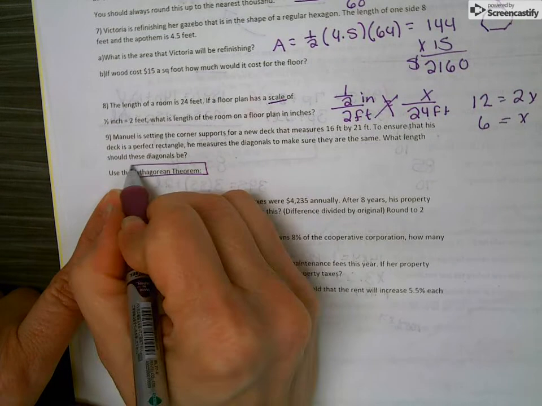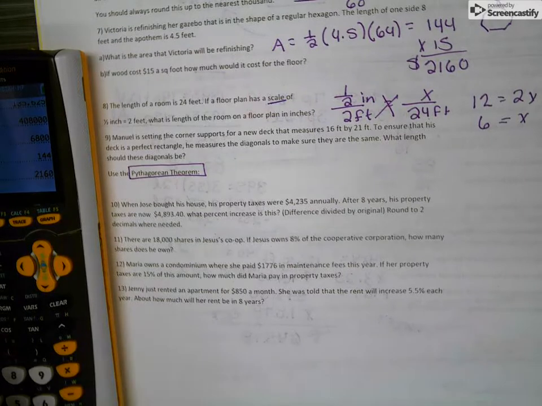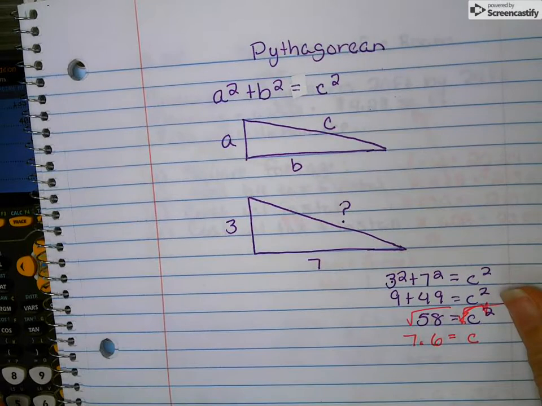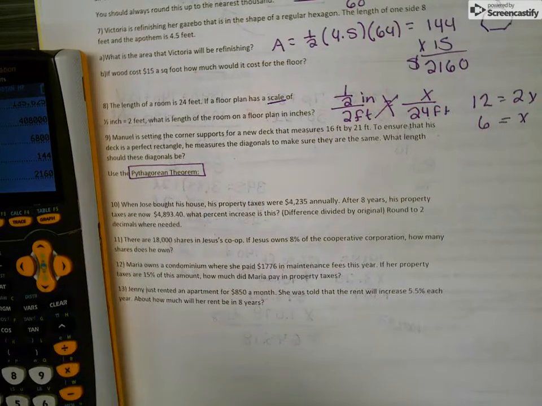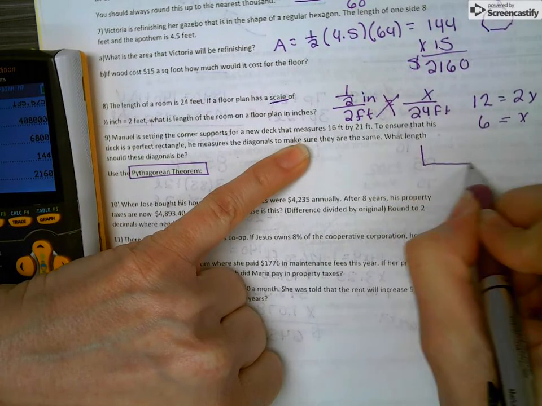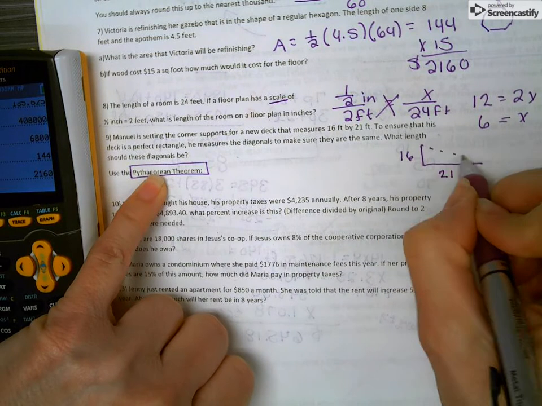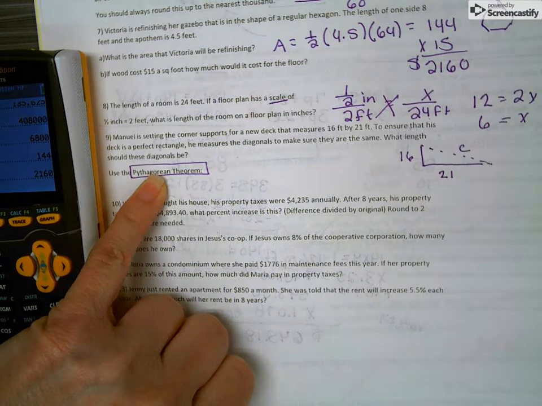Keyword. I always look for those keywords. And I know the Pythagorean theorem. I'm going to look it up. I know the Pythagorean theorem is a squared plus b squared equals c squared. And we have a 16 by 21. And we want to know the diagonal. So we are looking for c.